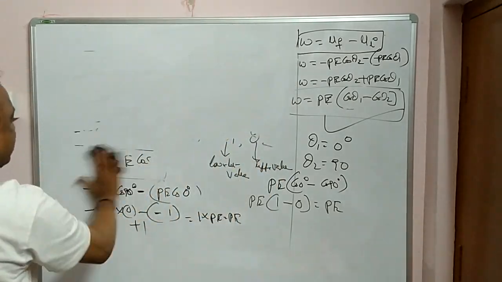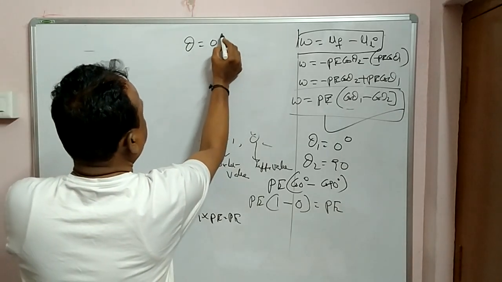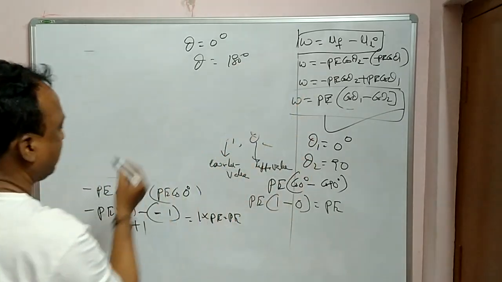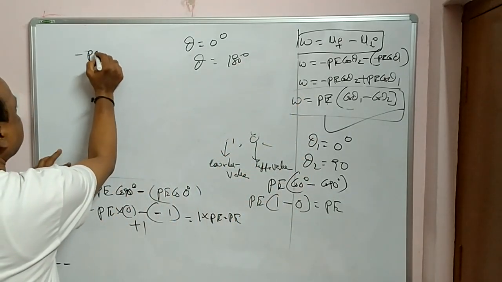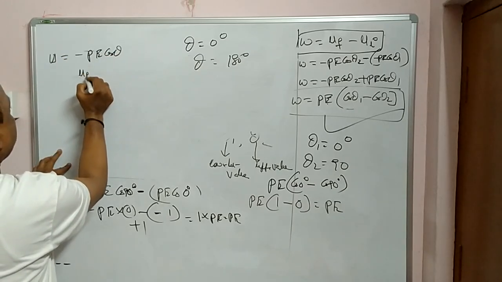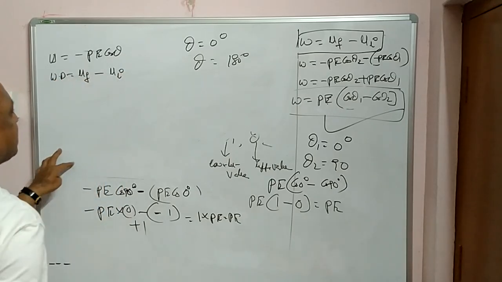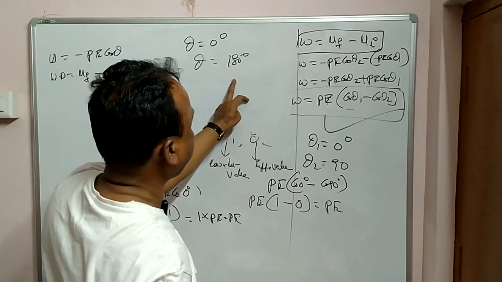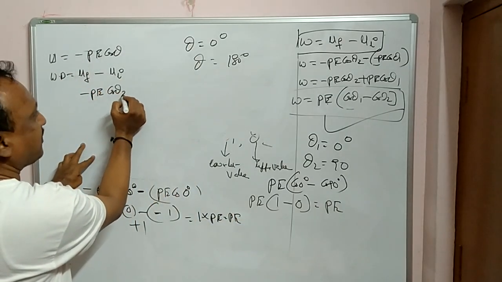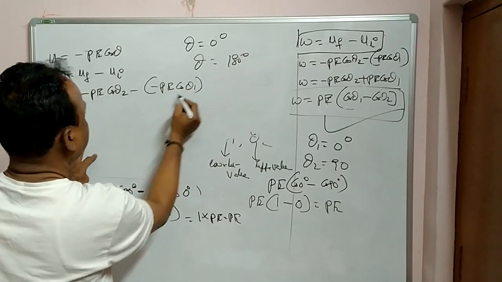Last problem: for example, theta 1 is equal to 0 and theta 2 is equal to 180 degrees. I want both methods. First, work done is U final minus U initial, equal to the potential energy change.